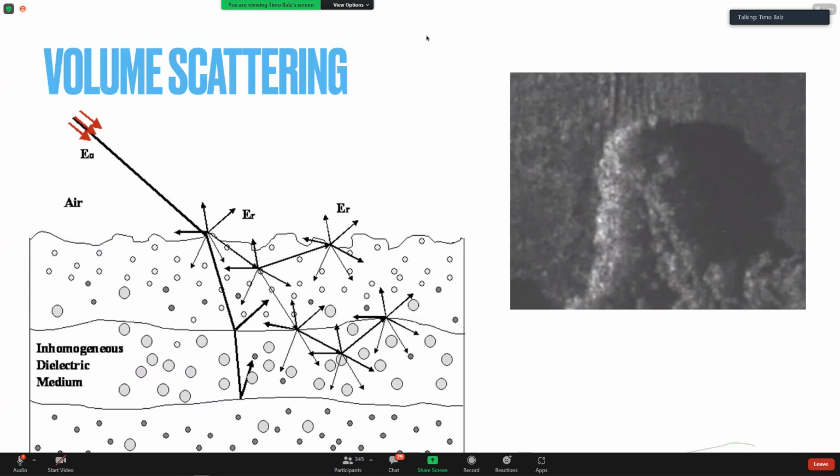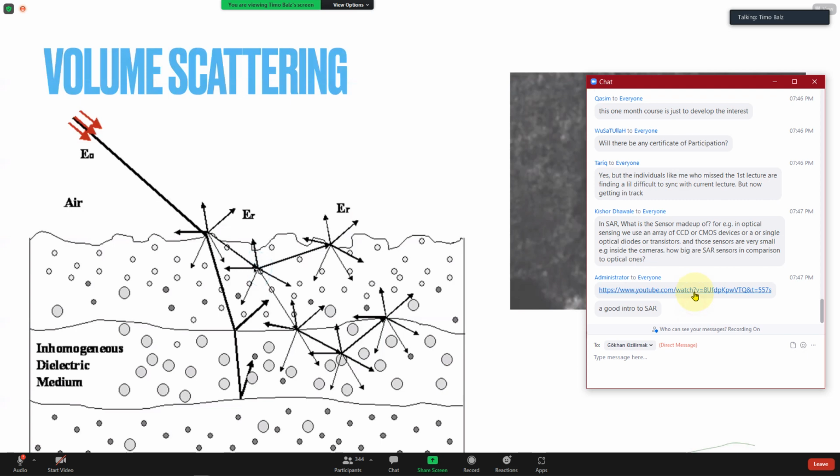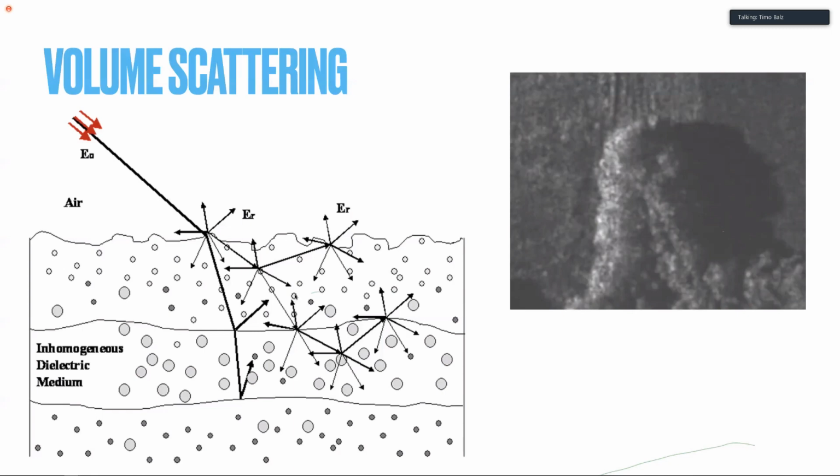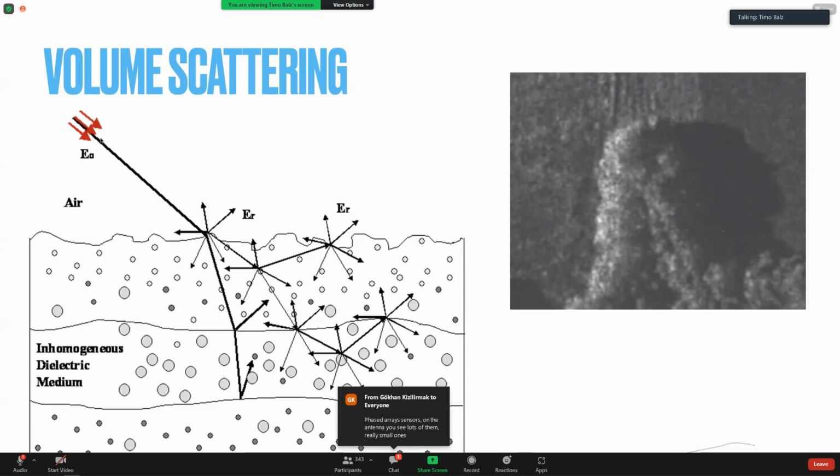You see some is reflected on the top, maybe some goes a bit down and is reflected again from another bigger twig or from some leaves, and some go in and get reflected again inside multiple times until some of the signal comes back. So it's a very chaotic reflection regime. You get lots of reflections inside the volume, and some of that comes then back.